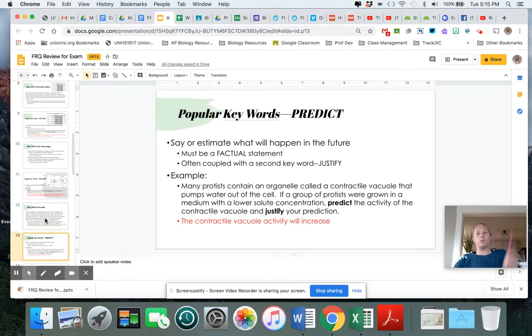This mutation will disrupt the protein structure and function, and then justify why you're saying that. So why are you saying that? But make sure you put that it will do this. That's a prediction.